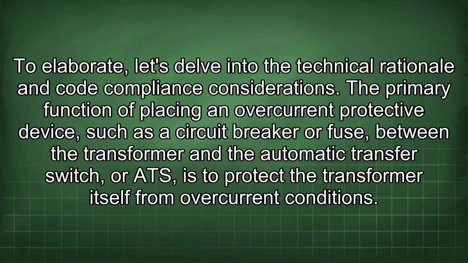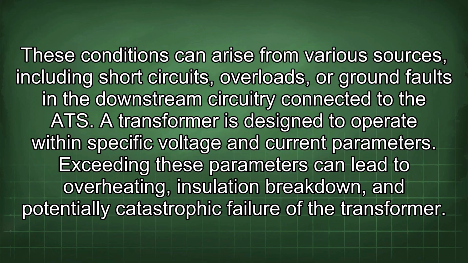The primary function of placing an overcurrent protective device, such as a circuit breaker or fuse, between the transformer and the automatic transfer switch, or ATS, is to protect the transformer itself from overcurrent conditions. These conditions can arise from various sources, including short circuits, overloads, or ground faults in the downstream circuitry connected to the ATS.